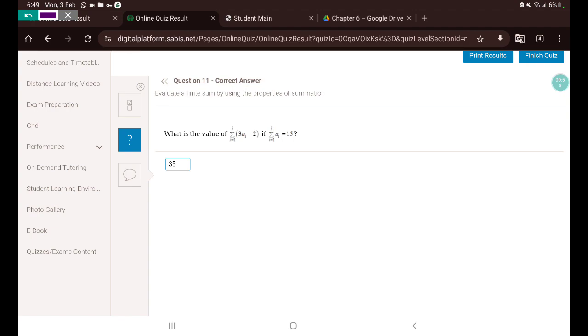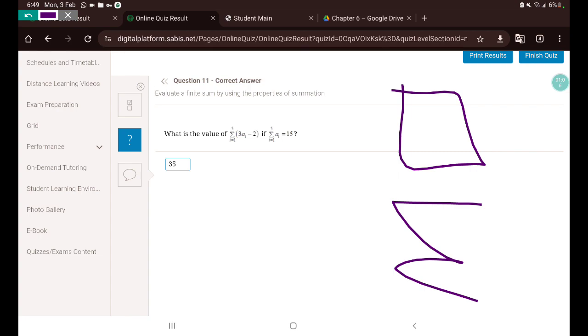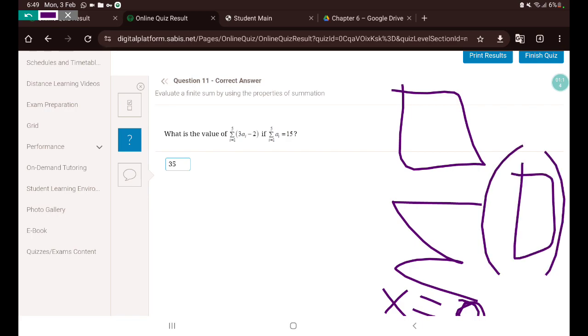Do shift log and you'll get a totally new different equation that looks something like this. After you get that, you just have to put in the three boxes the numbers that they gave you here.